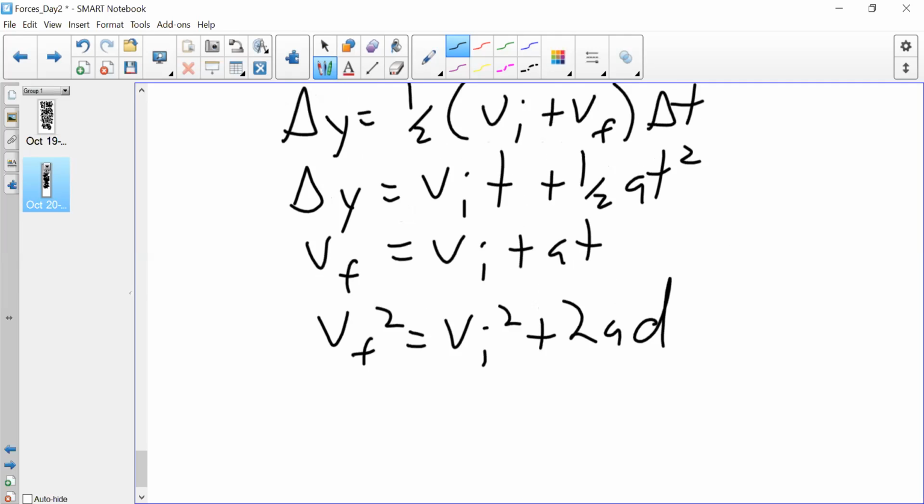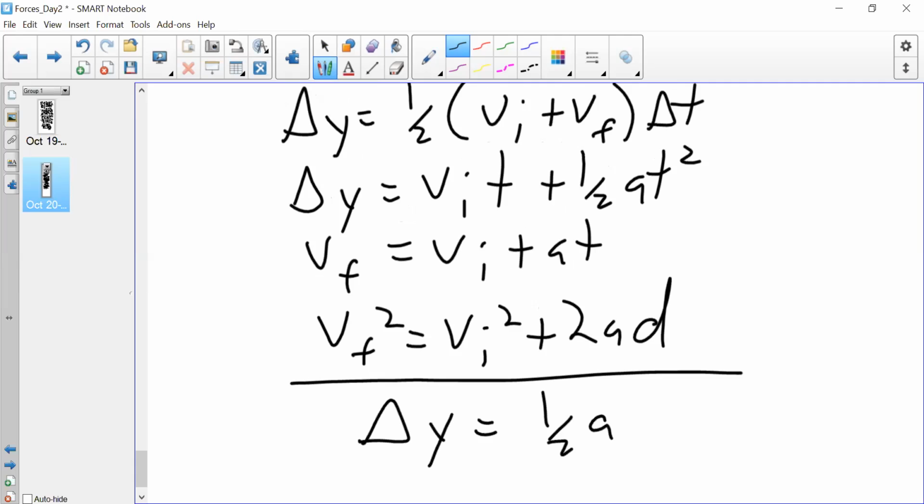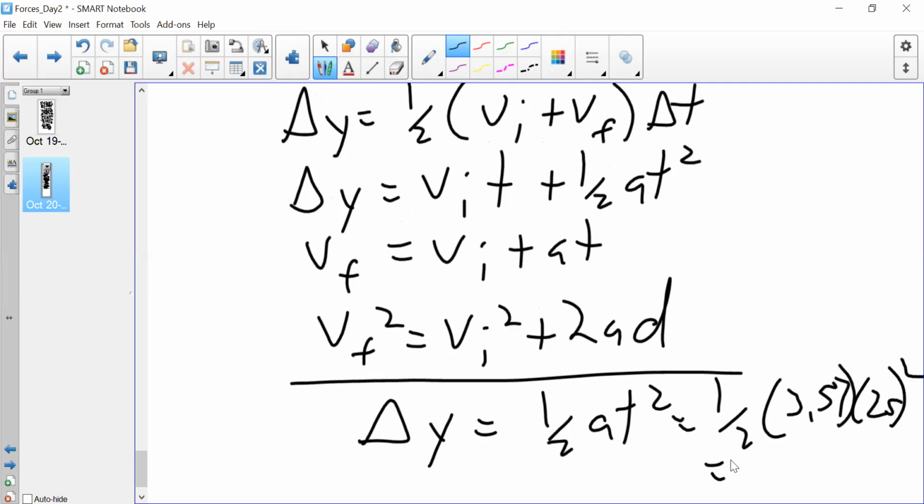I can do it faster. v_i is 0, so that's just 1/2 a t squared, 1/2 times 3.57 times 2 squared, and 4 times 3.57. What?